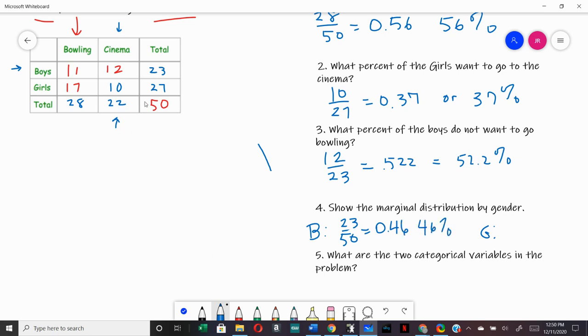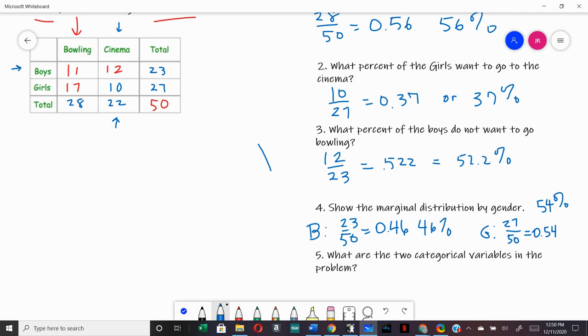And then for the girls, we know we have 27 girls, so 27 out of 50, which is 0.54 or 54%.